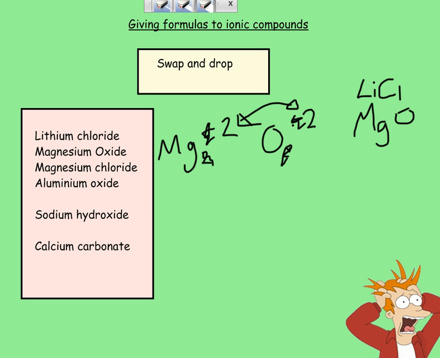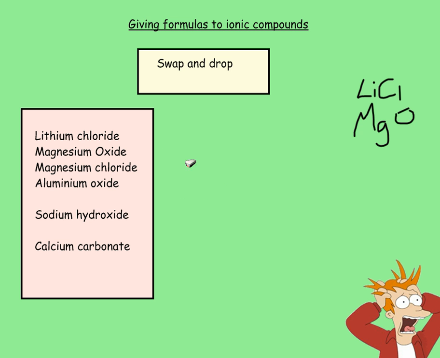Right, okay, so straightforward. Magnesium chloride, slightly different. Okay, magnesium chloride, we've got magnesium is in group 2, so it's got charge +2. Chlorine is a group 7, so it's -1. Scrub out those charges. Swap and drop.